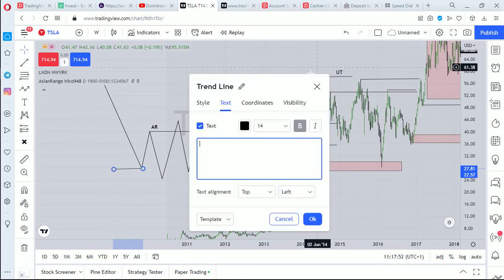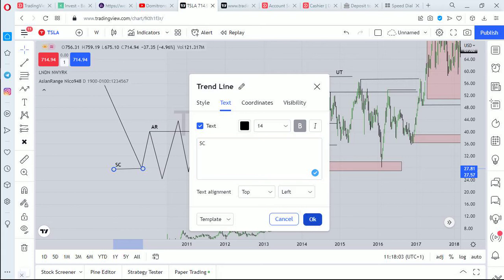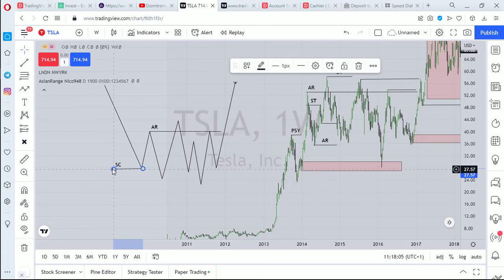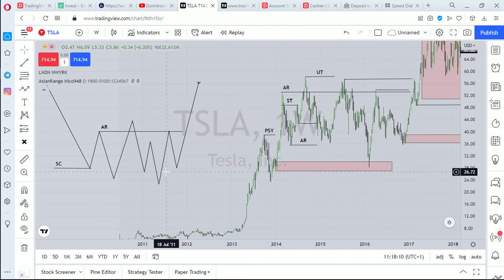After the selling climax, it shows that the bearish market has come to an end, right? It slowed down and the institutions are accumulating price to distribute to the upside, right?